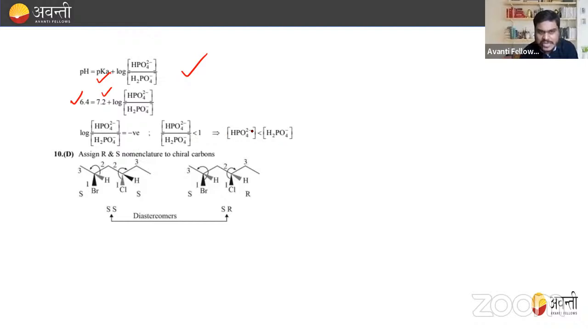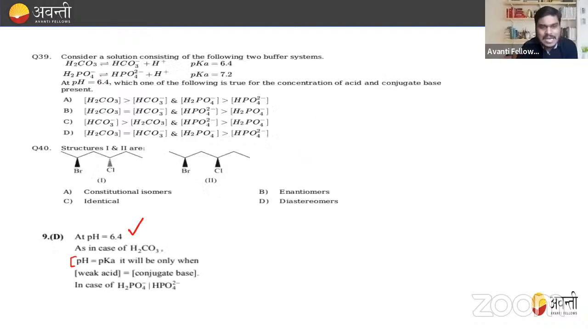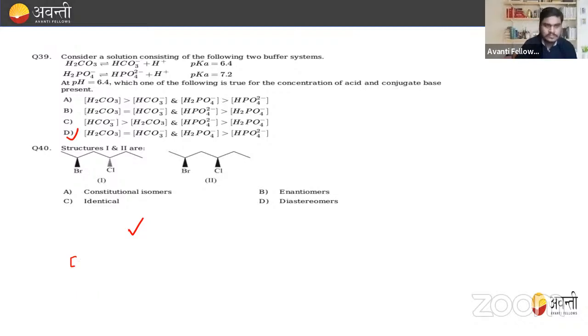If this is less than 1, then HPO4 twice negative must be less than H2PO4 negative. So which one is correct, beta? Yes, option number D. This one will be the absolutely correct answer for this question, okay?